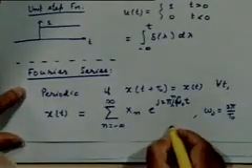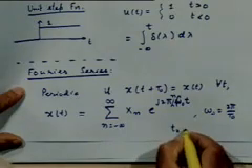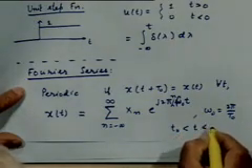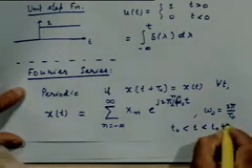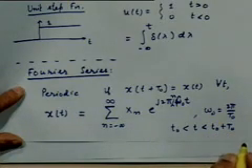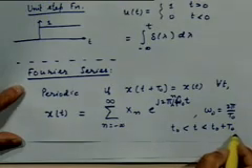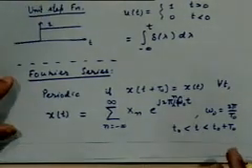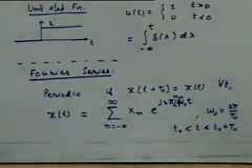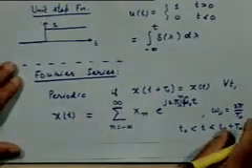And this representation is valid over a period, so if you take any period between t0 to t0 plus capital T0, this representation is valid. It's valid for any period of the function x(t).